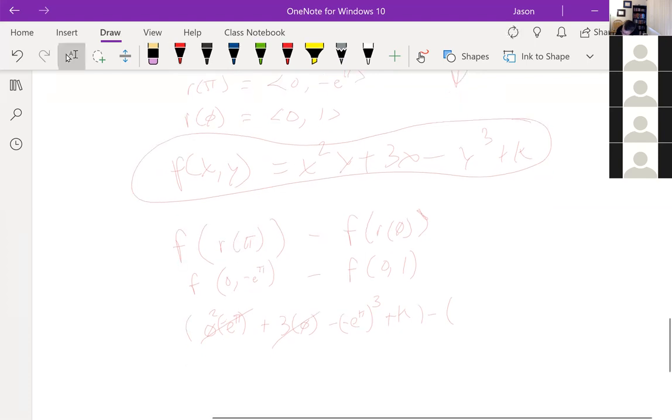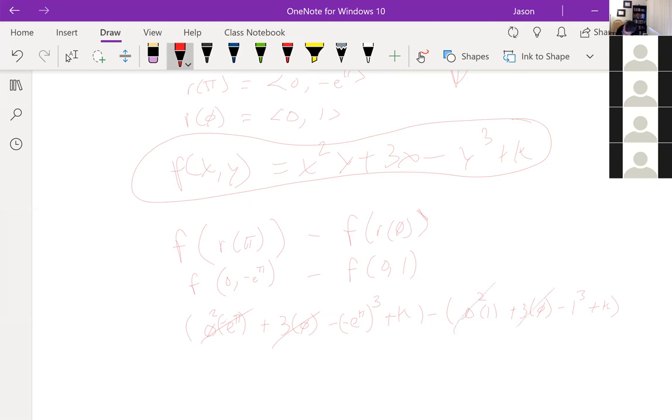So this is going to be, well, let me just not skip over it, work it out. So 0 squared, 1 times 1, plus 3 times 0, plus 1 cubed, okay, plus k, right? So that goes to 0, that goes to 0.